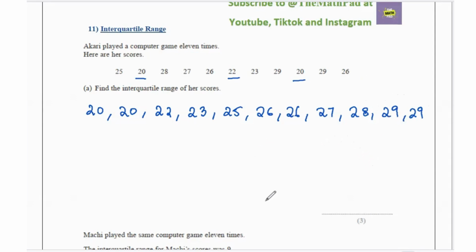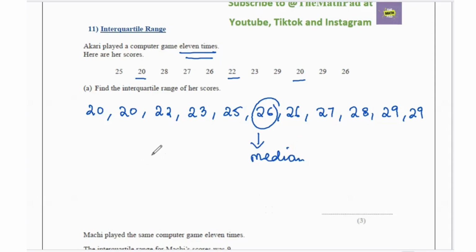Okay. So for the interquartile range, what we need is the lower quartile and the upper quartile. So first, let's identify the middle value. So there are 11 values, which means the middle value is going to be the 6th value. So 1, 2, 3, 4, 5, 6. This is your median value.